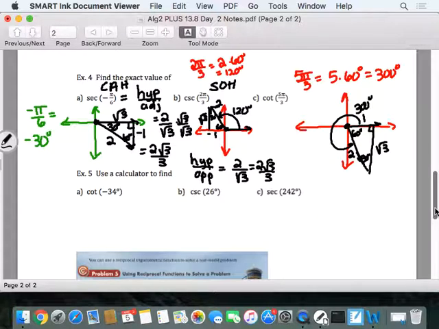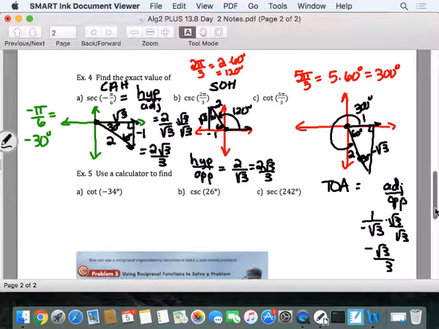Thinking about my positives and negatives, the radical 3 is negative. Cotangent is the reciprocal of tangent, so for cotangent, I need adjacent over opposite. So adjacent is 1, the opposite is negative radical 3. I can multiply by radical 3 over 3, put your negative up in the top. That's negative radical 3 over 3.